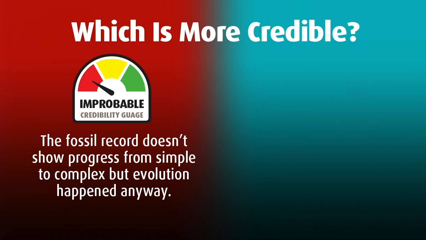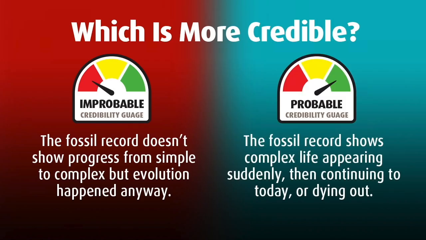Which is more credible? The fossil record doesn't show progress from simple to complex, but evolution happened anyway. Or the fossil record shows complex life appearing suddenly, then continuing today or dying out.